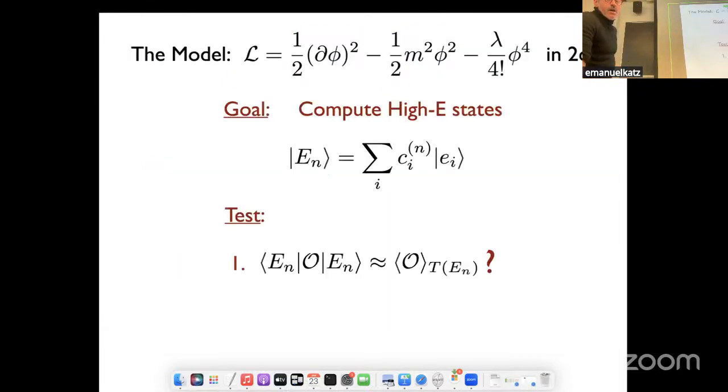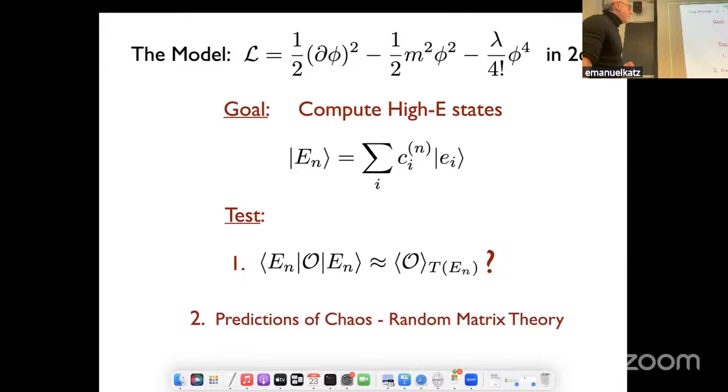Okay, so what I'm going to do is just show you my last slide of our numerical test. We're trying to figure out, is it true that operators have thermal expectation values? I'll skip the random matrix theory because I don't have time.